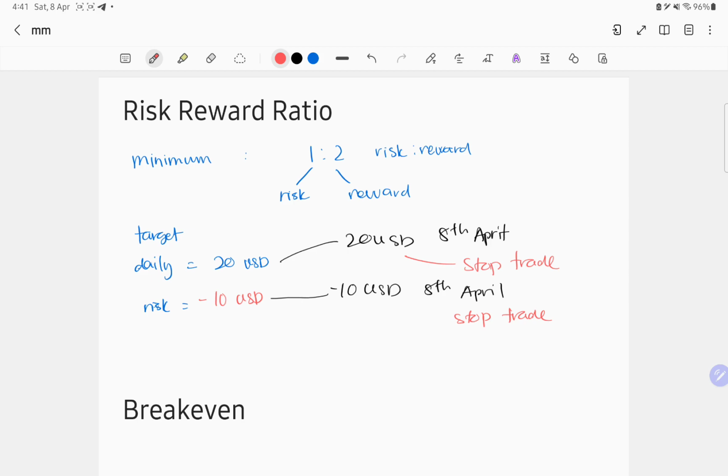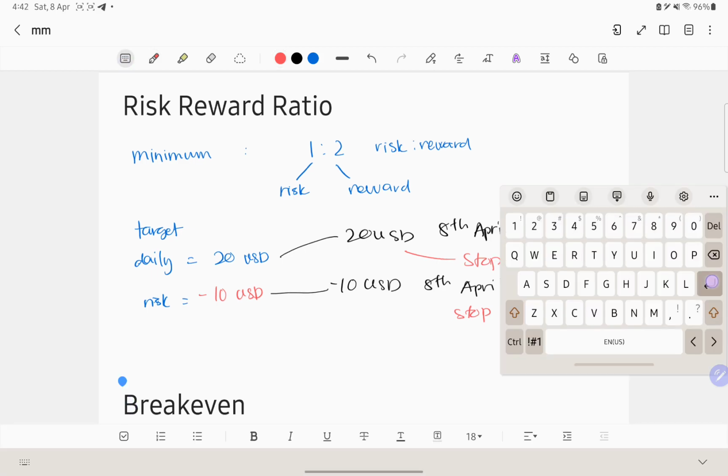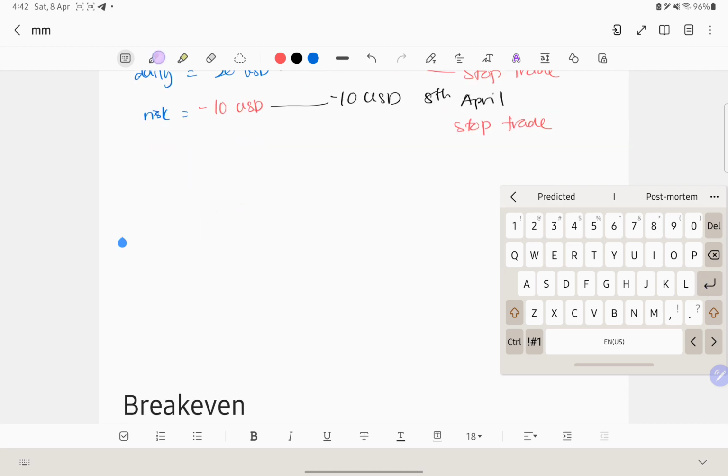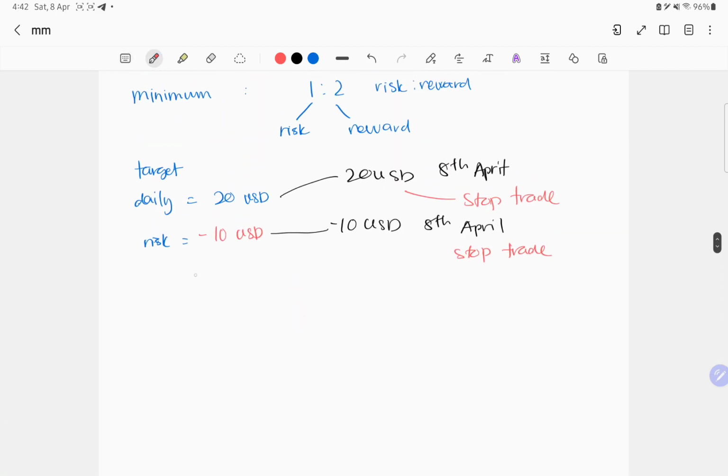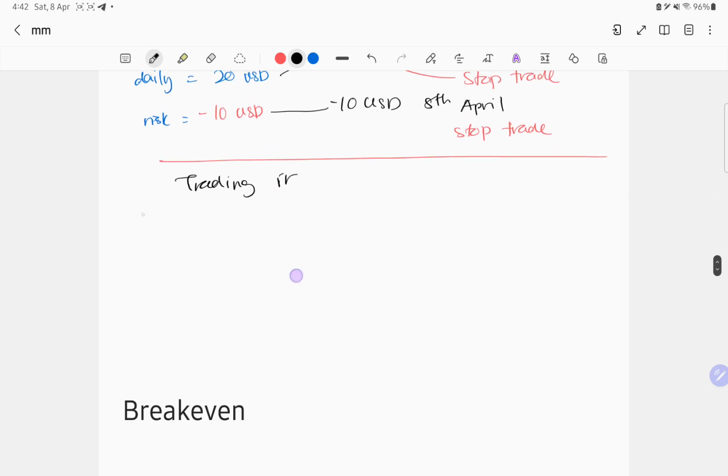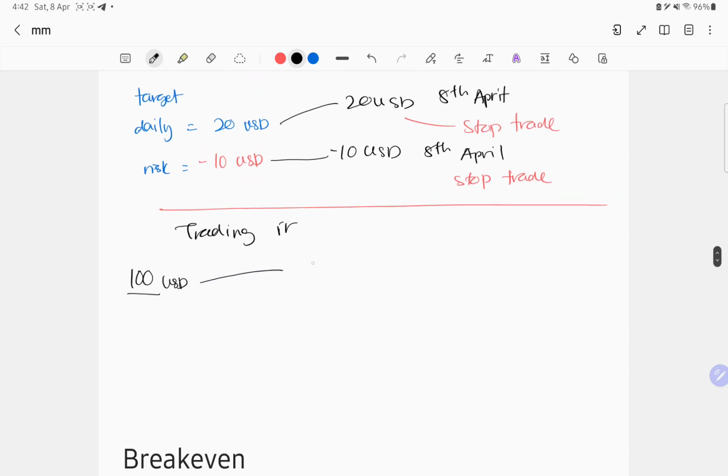Then there's another concept, which is your trading risk and reward ratio. Let's say you have a $100 account, and you want to make an entry of 0.05.